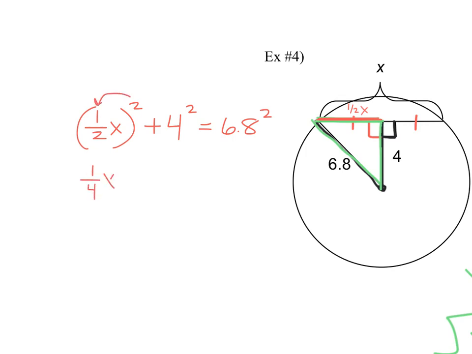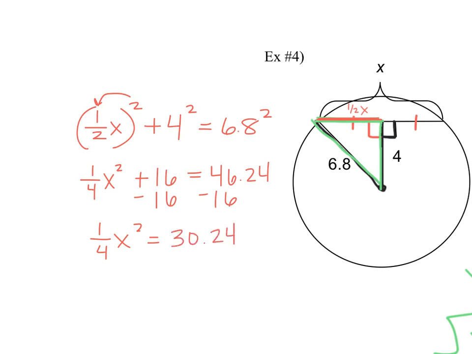So you have 1/4 x squared plus 16 equals 6.8 squared, 46.24. So if I take 16 away from that, I get 1/4 x squared equals 30.24.